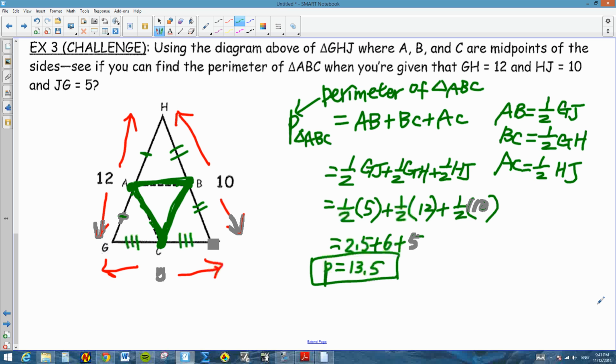So let's take a look. This actually is half of this plus that. So AB plus BC plus AC. If we factor this all out, let me use the red one.